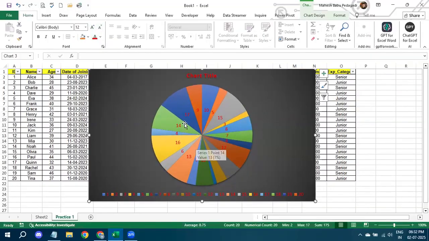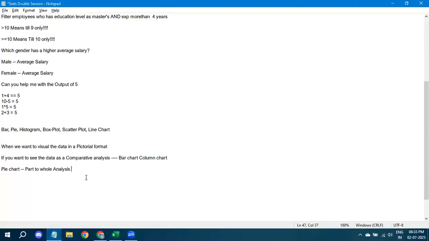Were you able to see what the contribution is? Out of 100%, what is your contribution? Clear?